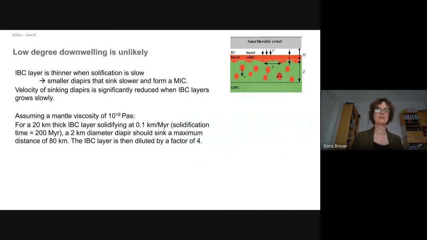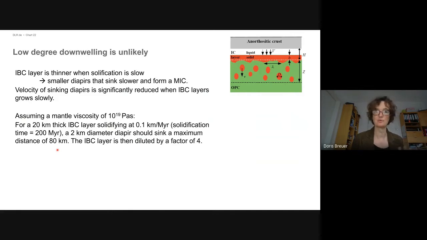You can look at these equations later in more detail, but if you plug in all the numbers for the viscosities and so on, let me give you one example. Assume that you have a mantle viscosity of 10 to the power 19. You can calculate for a 20 kilometer thick IBC layer at the end, which solidifies in 200 million years, so with a rate of 0.1 kilometer per million years, you form a 2 kilometer diapir that sinks a maximum of 80 kilometer.